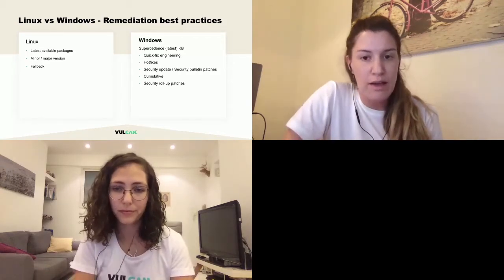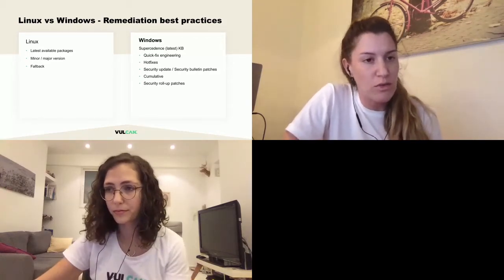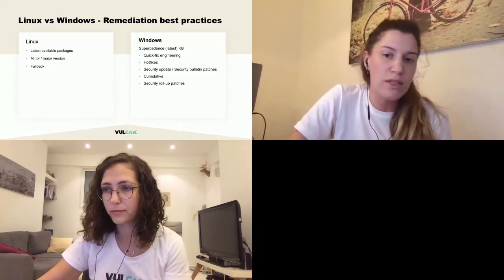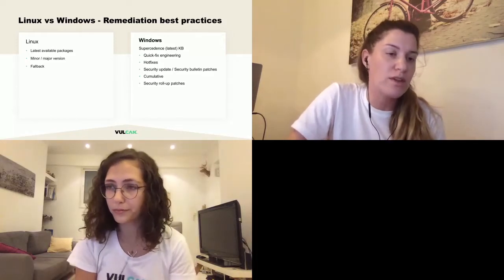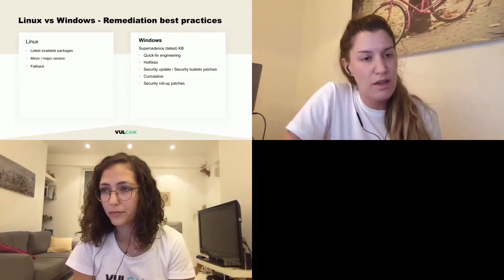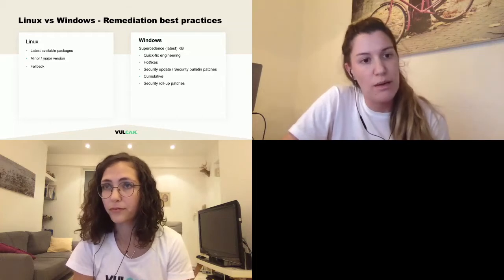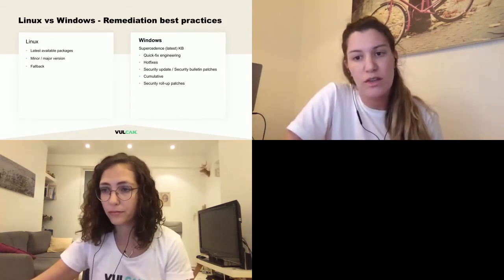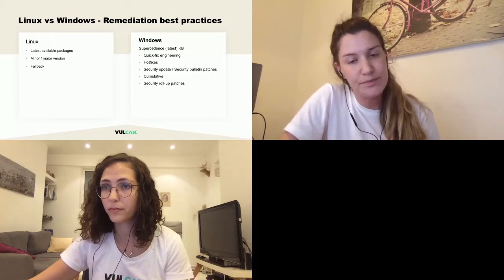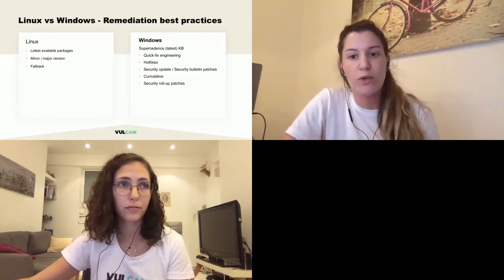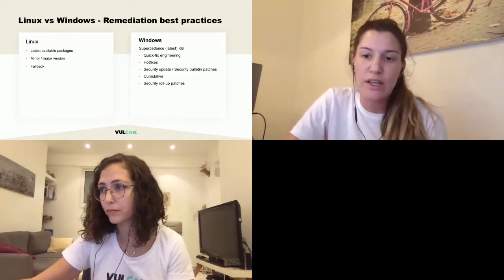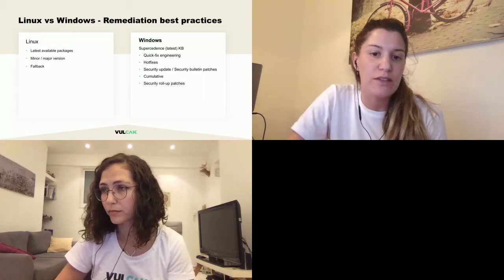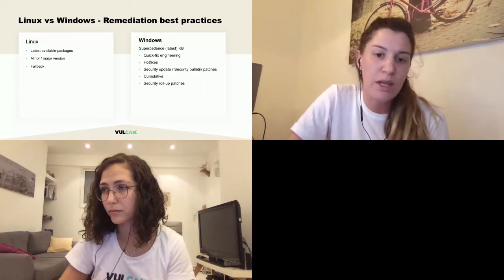So it is important to know those differences, but it's also important to know that in some cases you should update to the major versions just because you want to keep your packages secured and updated. Also, ensure you have fallback options in case your repository won't be able to find the suggested version to update.